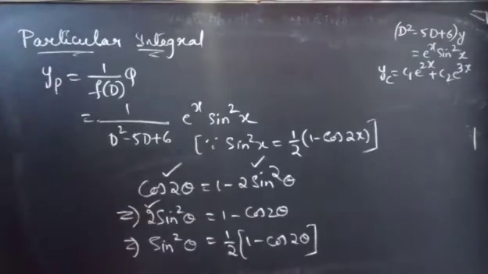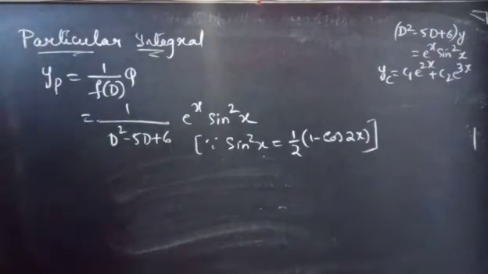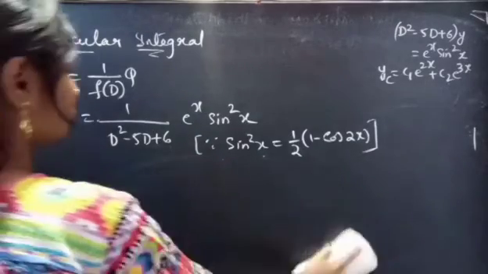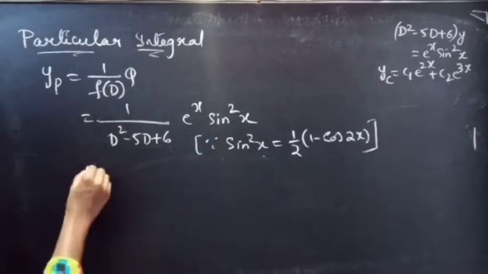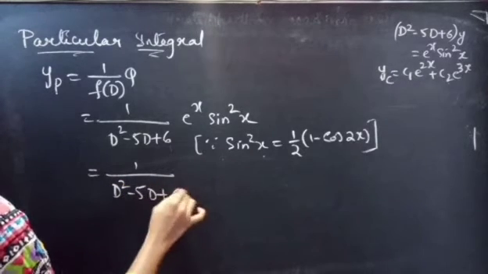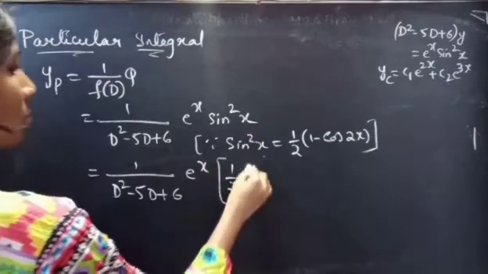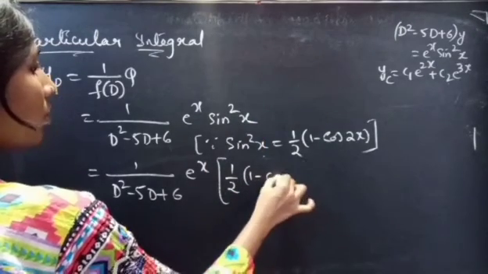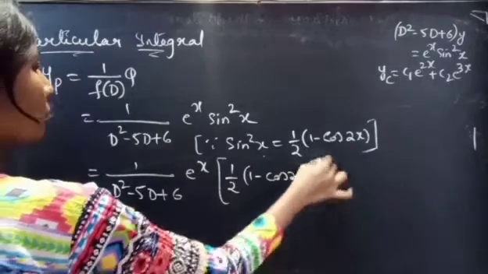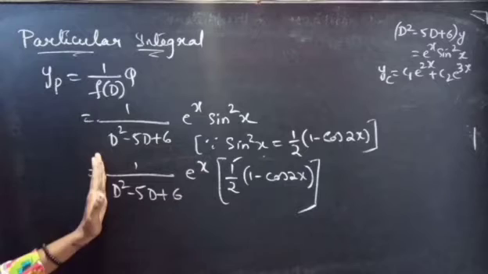Now we'll replace sin²x in Q. Now it becomes 1/f(D) e^x times 1/2 (1 − cos 2x). Since 1/2 is a constant, we'll take it to the left.